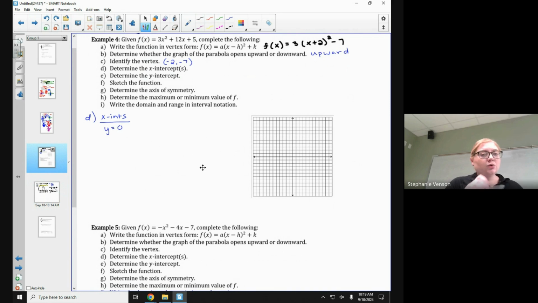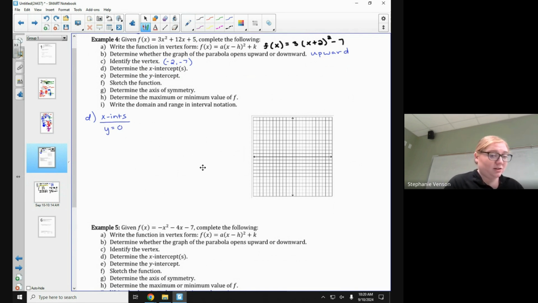You can set the original standard form equal to 0, or you can set the vertex form equal to 0. I'm going to do example 4 by setting the standard form equal to 0, and then I'll do 5 by setting the vertex form equal to 0 to show you that you can do either. So I honestly typically recommend doing standard form, and I'm going to show you why.